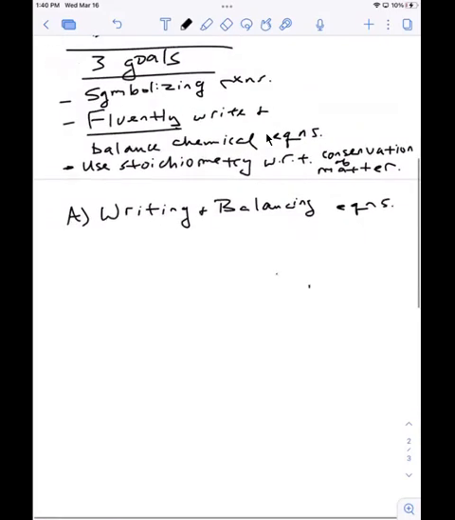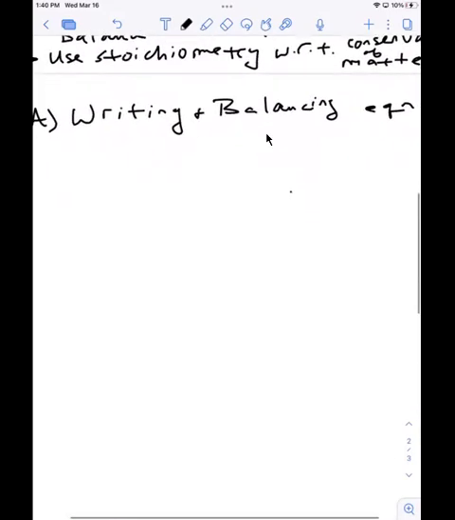But we can think about this in terms of an equation like this, where we take A plus B and we get AB. That's one way to illustrate a chemical reaction.